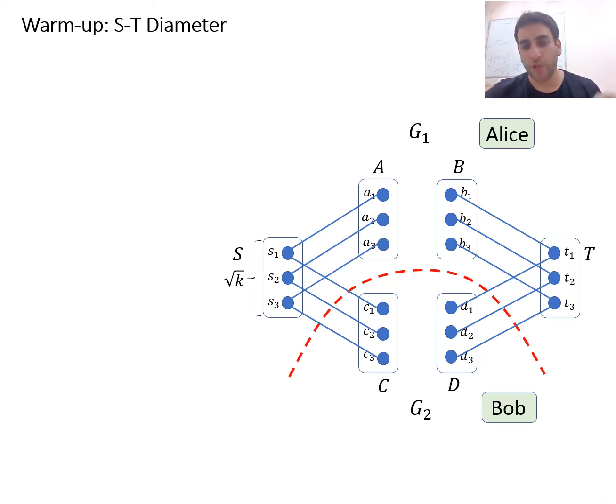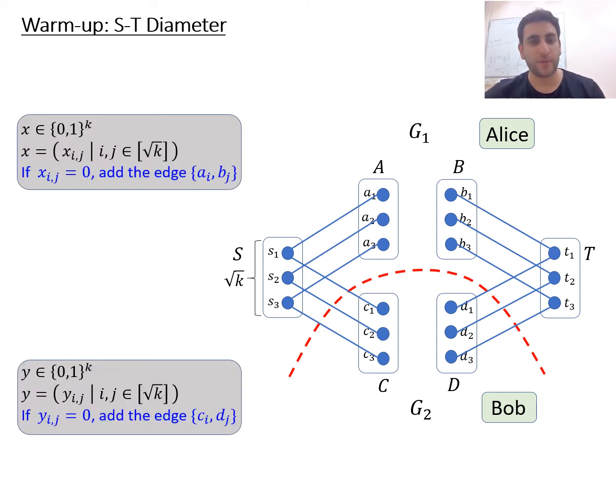Now let me tell you which edges the players add based on their input strings. Alice receives the string X and Bob receives the string Y, and each of the strings is of size k. It's convenient to think about the positions of the strings as indexed by a pair of parameters i, j in the set of numbers from 1 to root k.